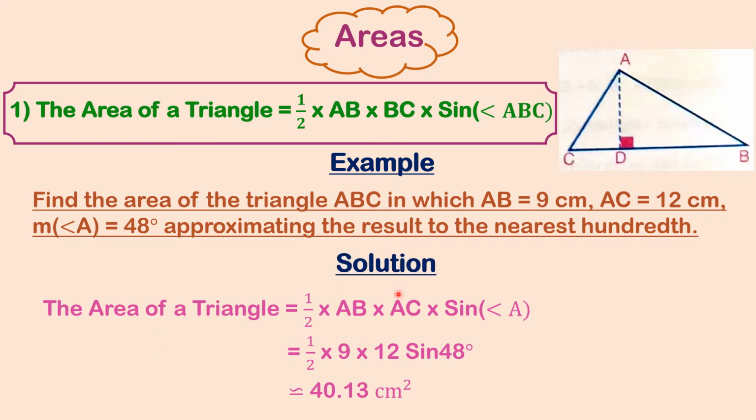The solution: the area of triangle equals half times AB times AC times sine angle A, because the included angle is A. So by substituting, half times 9, which is AB, times 12, which is AC, times sine angle A, which is 48. So the approximated value is 40.13 centimeters square.